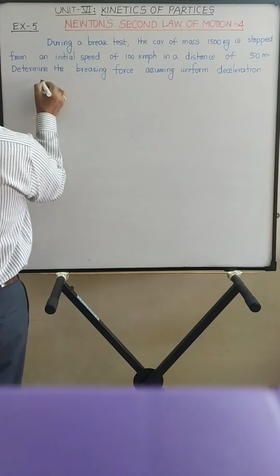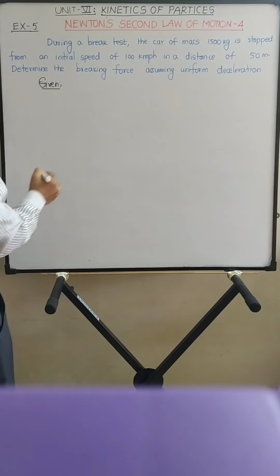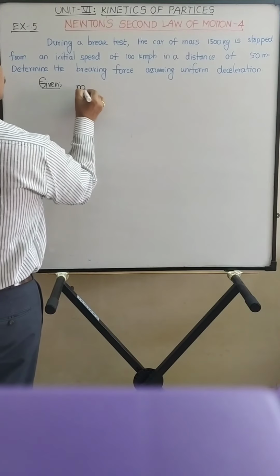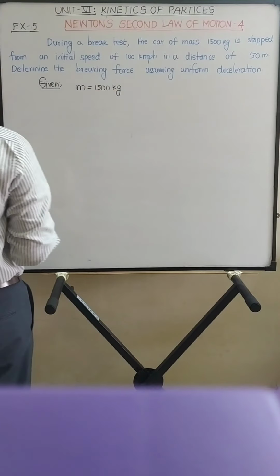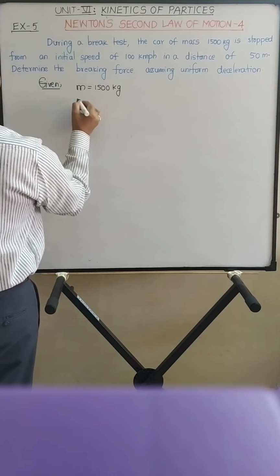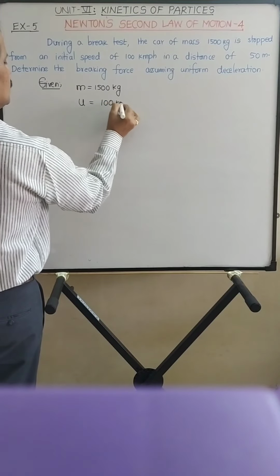So, let us write the given data first. The mass of the car is 1500 kg, and it is stopped from an initial speed. So, initial speed u is equal to 100 kilometers per hour.